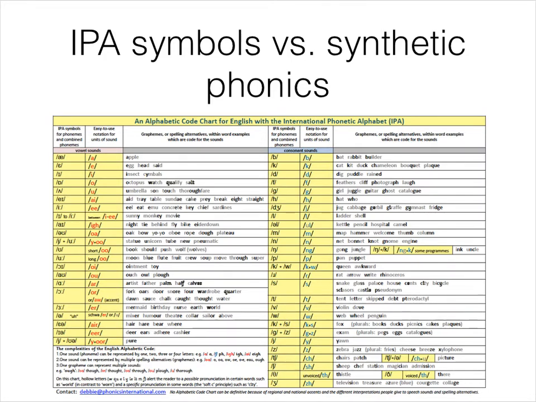So if you're used to synthetic phonics, if you use Jolly Phonics or any other phonics systems, you have some symbols and some structures. However, the symbols we're going to use are a bit different. We're talking about the same sounds, but the way of representing things may be a bit different. Okay, so I apologize because it's the way it is.